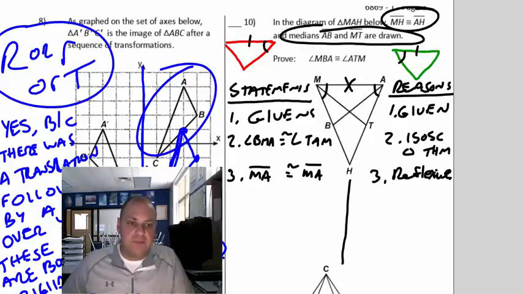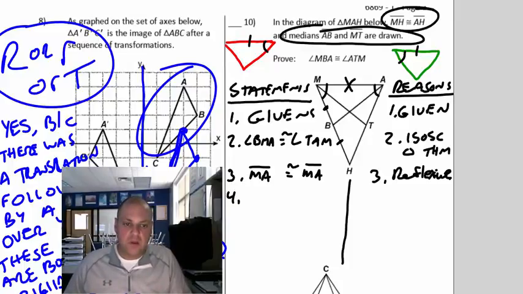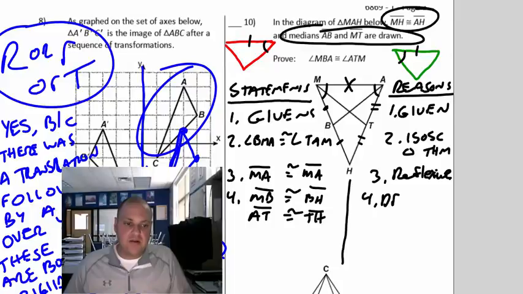If AB and MT are medians, we could say MB is congruent to BH, and we could say AT is congruent to TH. That would be the definition of median.